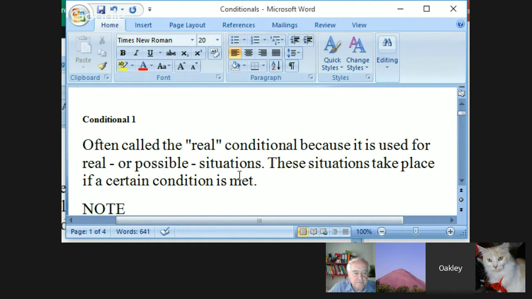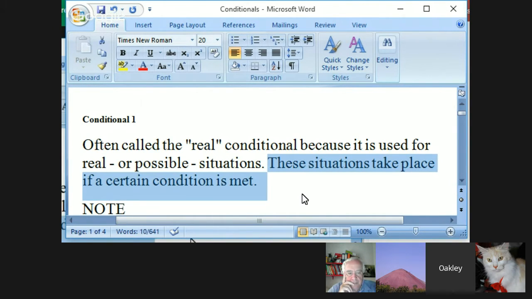The real conditional, or conditional number 1, is used for real, or what the speaker thinks are possible situations. These situations will take place if a certain condition is met. Actually, I've taught this lesson before, and I just realized now, in this last sentence, these situations take place, using the present simple tense, if a certain condition is met.